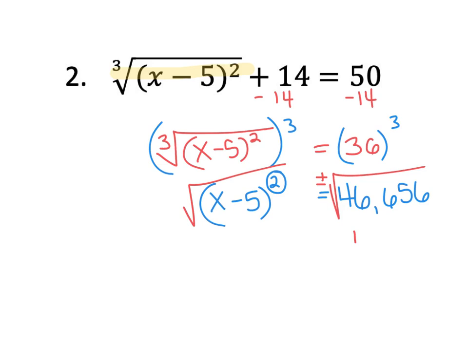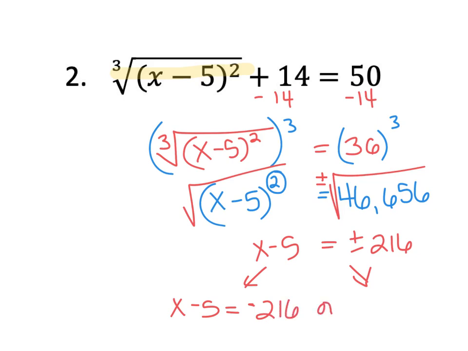So this would be plus or minus 216, and now it's not so bad. So I have x minus 5 equals this, which actually is telling you that there are two problems here. One of them is x minus 5 equals negative 216. The other one is x minus 5 equals positive 216.